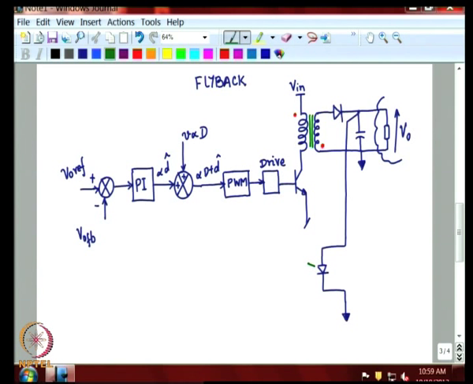So, the opto coupler is having the diode on the primary side and has a BJT on the secondary side, and together it is available as a pack.